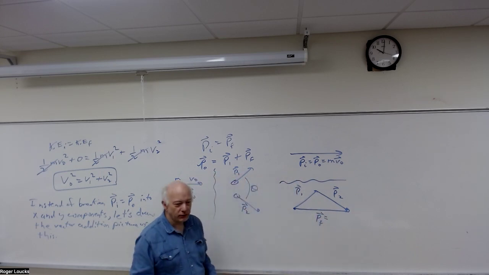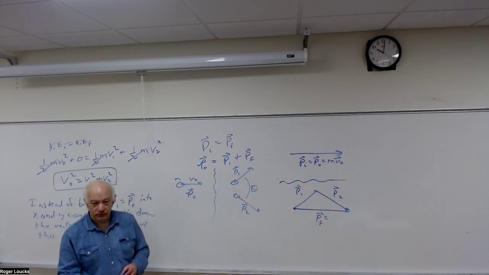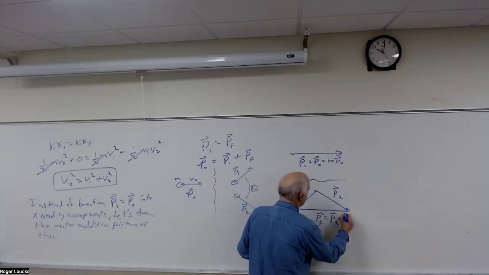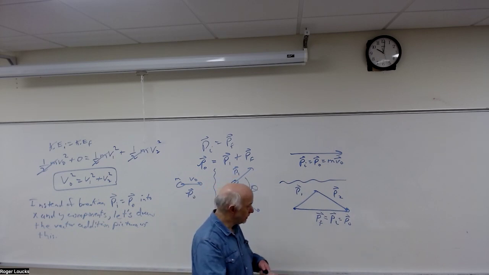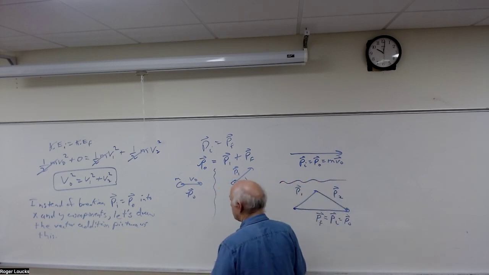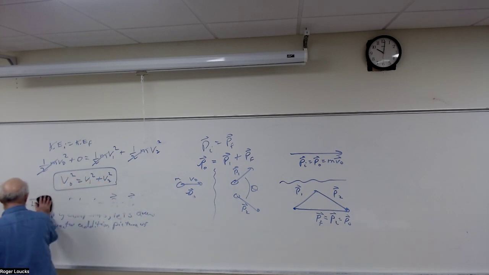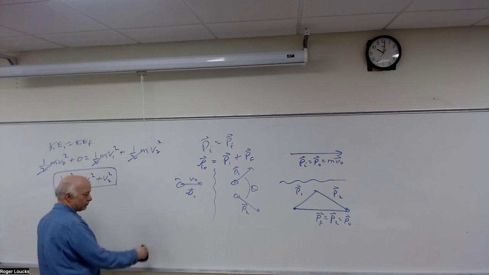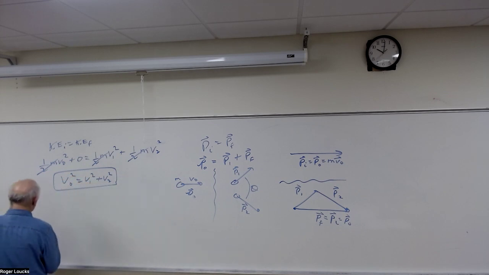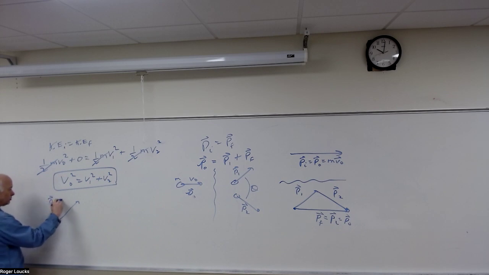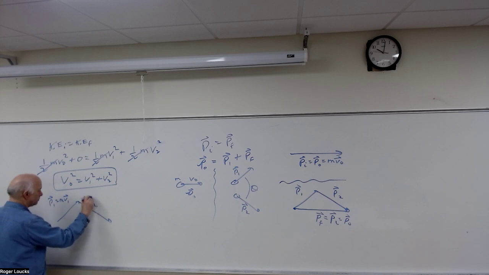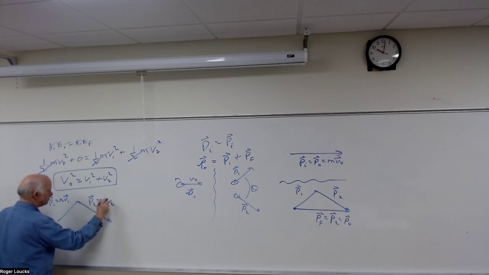Hey, but what does P final also have to equal? P initial, which is my P naught. So I really have what I have here. I have my P1, which is MV1, added to my P2 here, which is MV2.